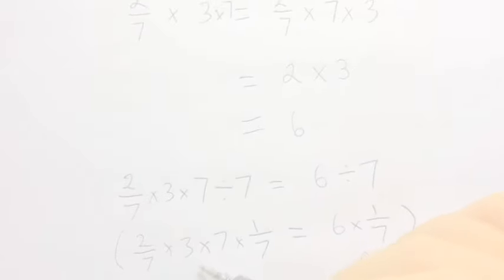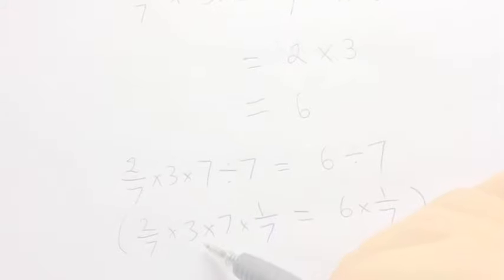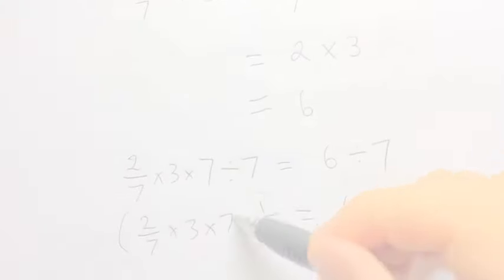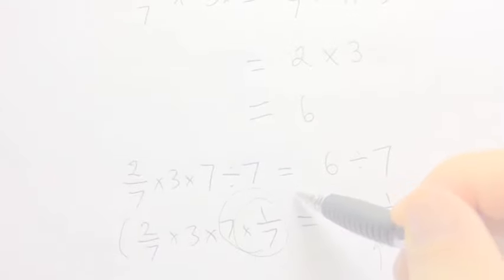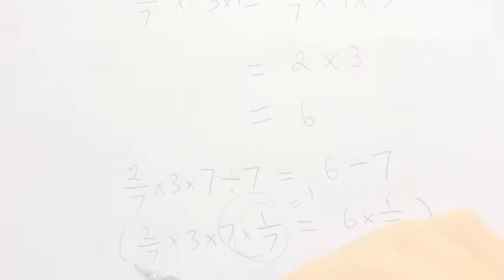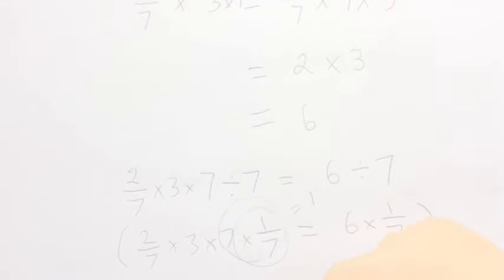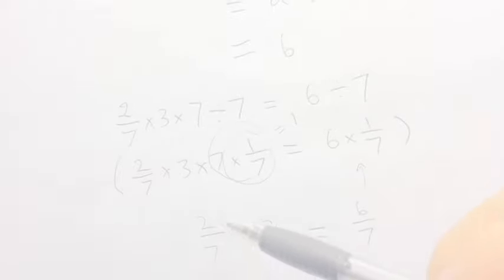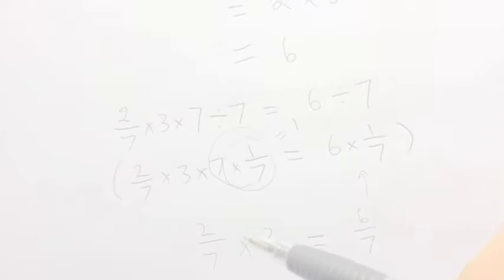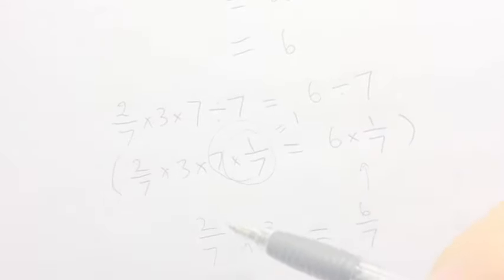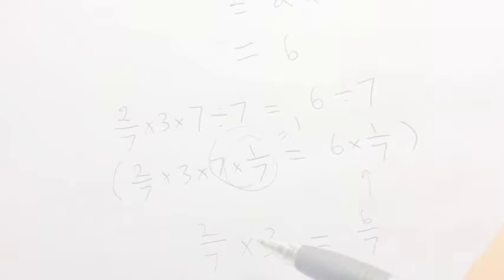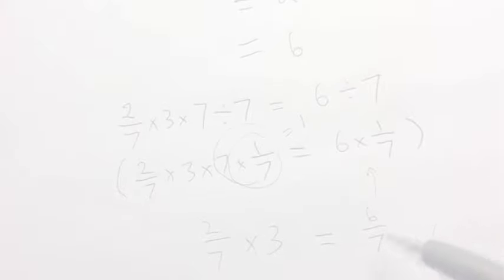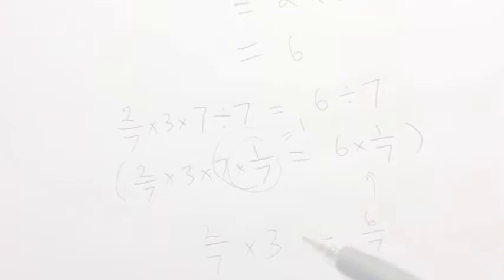And then here the 7 times 1 over 7 gives you 1, and that just leaves the original 2 over 7 times 3. So can you see that that gives you that fraction? So the rule we want to extrapolate is that a number times a fraction will be equal to just simply timesing the top number.